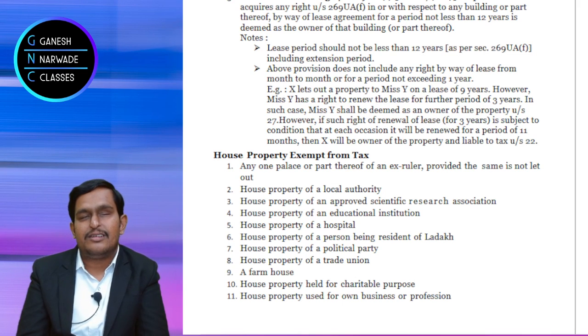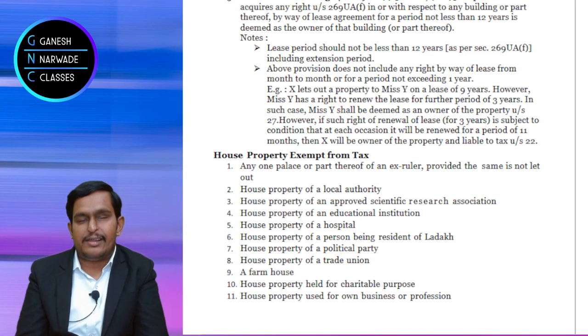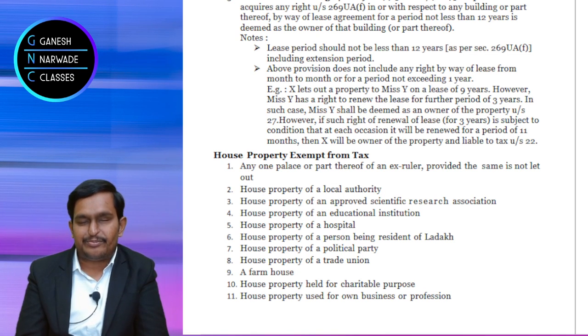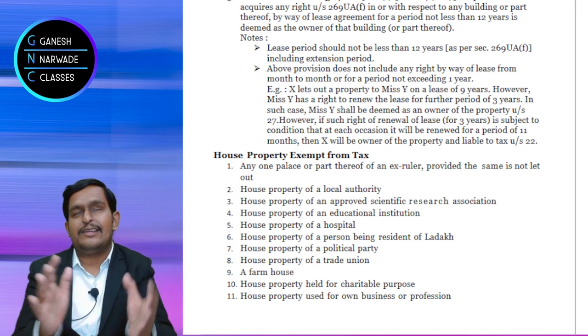If the property is used for business and profession, and there is something called a palace, one single palace of an erstwhile ruler. In all these cases, your property, even if you are receiving the rent from the property, is fully exempt. With this, we completed the house property chapter.